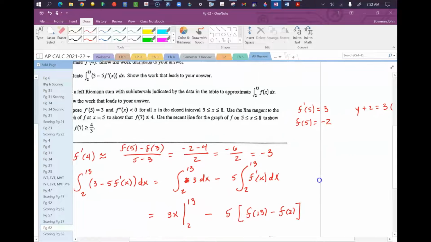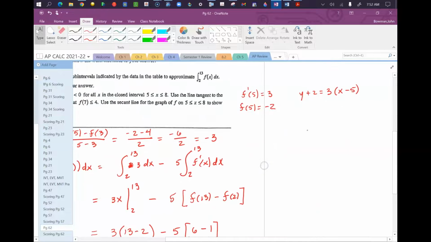And basically the idea here is that we are using the tangent line to the graph at 5, and our function is concave down, to estimate f of 7. So this point here would have a y value at f of 7, but we're going to use the y value from our tangent line to estimate it.